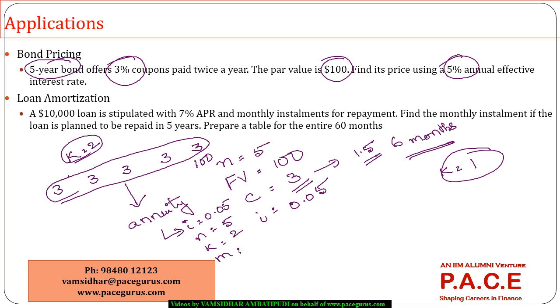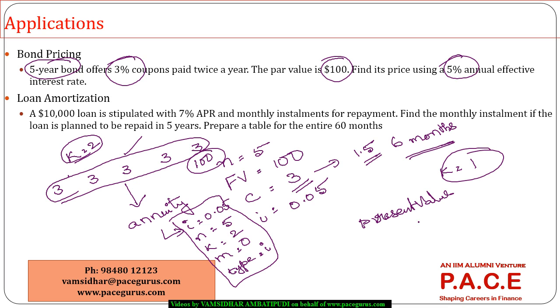M I don't need to consider, no deferment period, and this is an immediate annuity. So the type is immediate. This is how I'll handle all the 3's that I am getting. Now 100 is a lump sum. So I can find the present value associated with this lump sum using the present value formula.